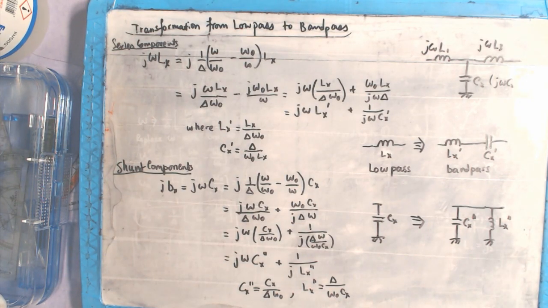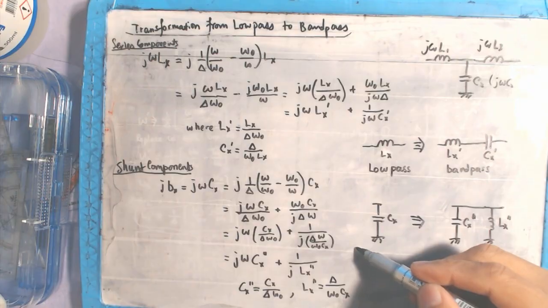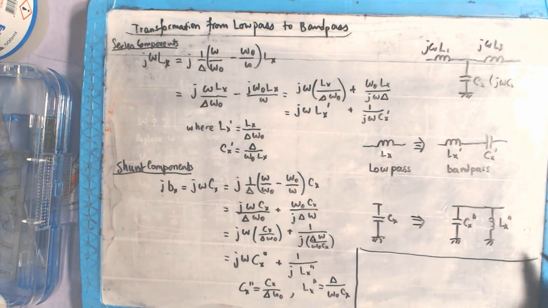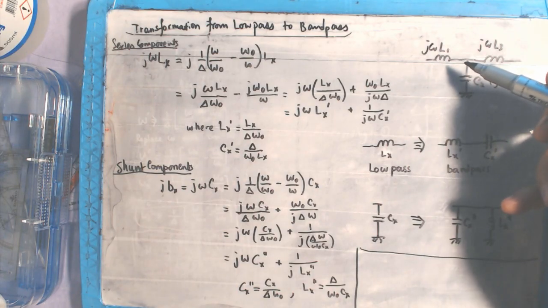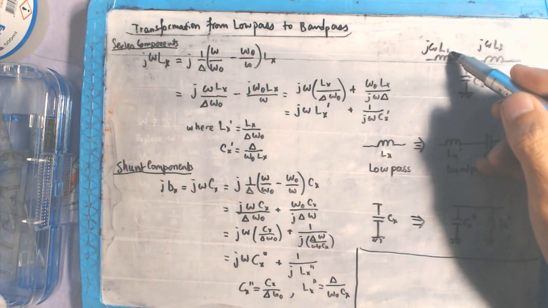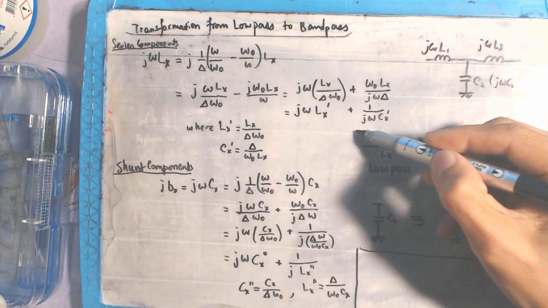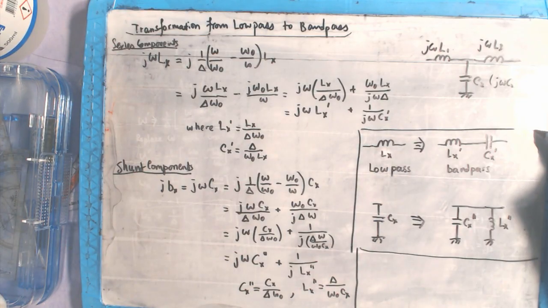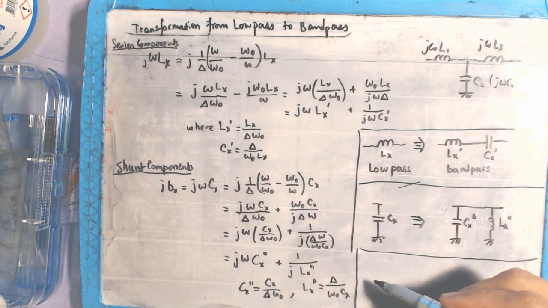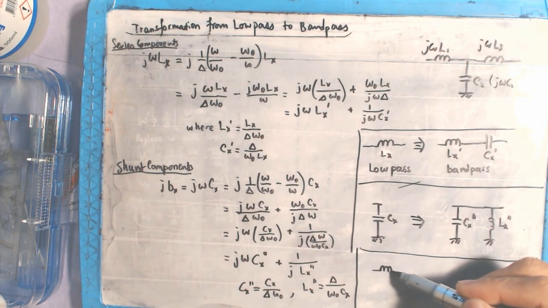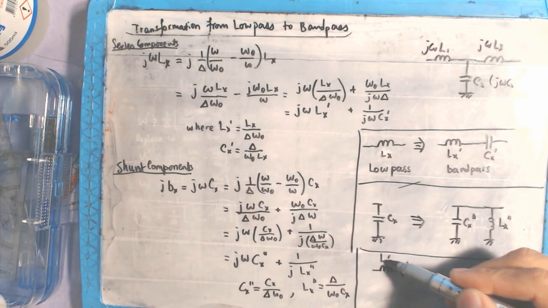So as far as this filter is concerned, this is a low pass filter, but when you try to convert it into bandpass, all you need is to replace all the series elements according to what we have learned here in this table. So as far as this example is concerned, this will become L1 prime and then C1 prime.